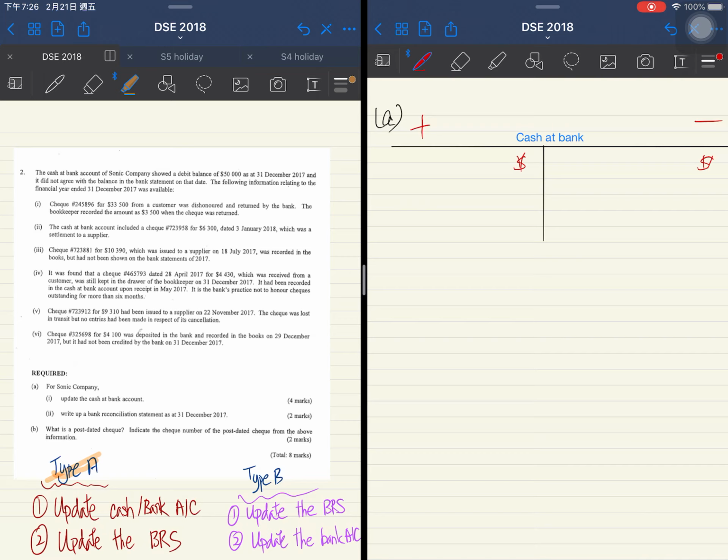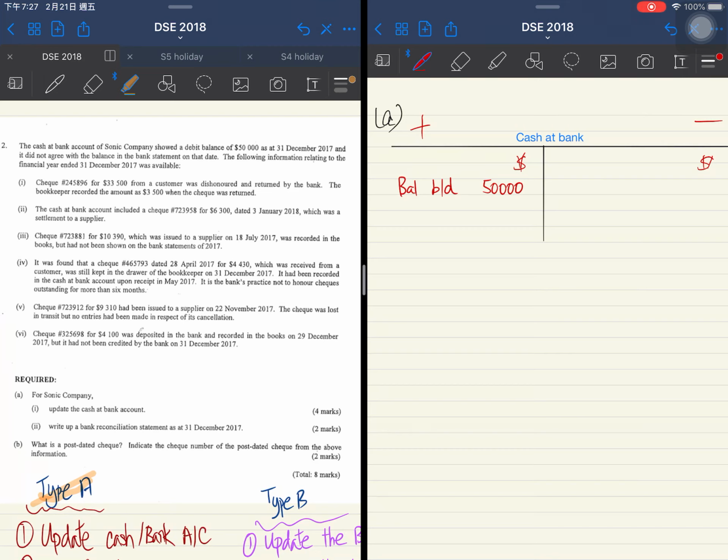So we have the balance brought down of 50,000. For one, check 245896 for 33,500 from a customer was dishonored and returned by the bank. The bookkeeper recorded the amount as 3,500 when the check was returned.